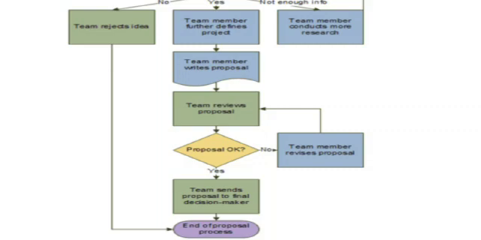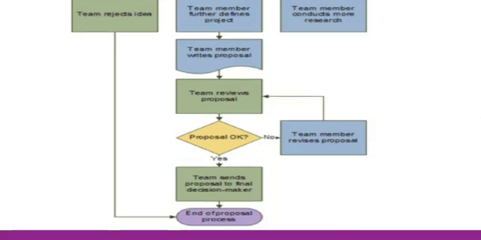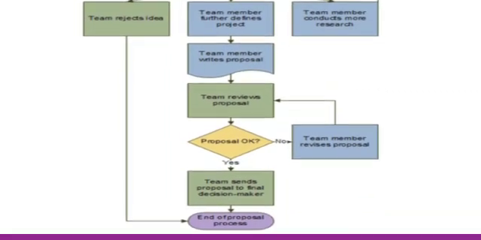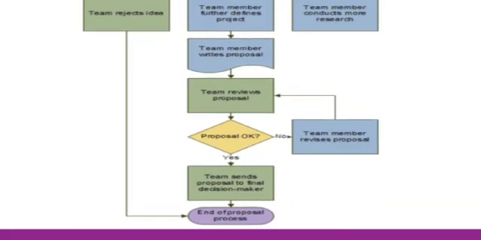Otherwise, if it is no, then the team member revises the proposal; he again thinks and checks. So if the team member sends the proposal to the final decision maker, then it is the end of the proposal. They have made it, they have sent it, and the project is finalized for them, and that is the end of the flowchart.